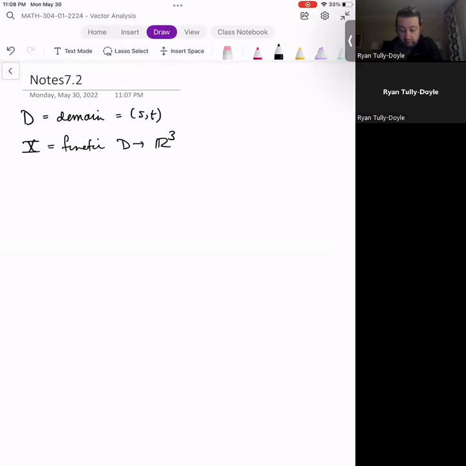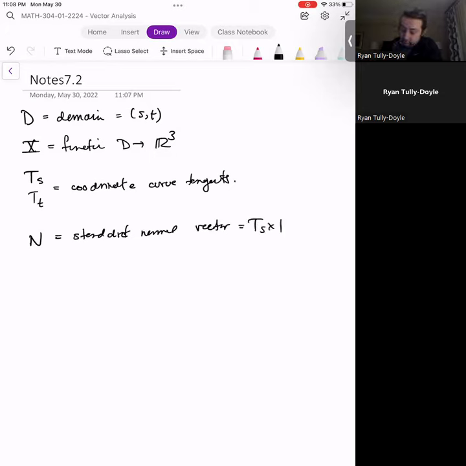do. We defined the notion of the coordinate curves. So TS and TT are equal to the coordinate curve tangents. We talked about the standard normal vector, N, and it's equal to TS cross TT.